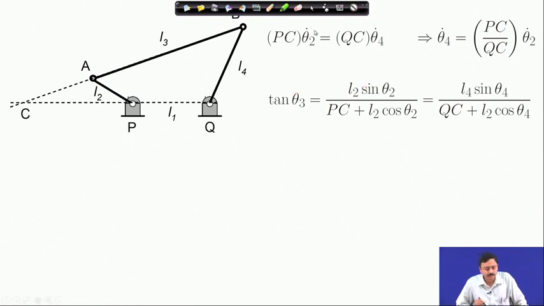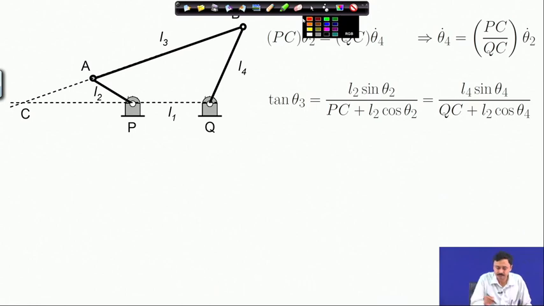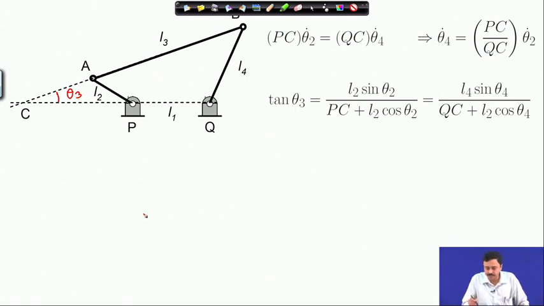You can very easily write the tangent of theta 3. This angle is theta 3. Tangent of theta 3 is L2 sin theta 2, where this is theta 2. I am writing S theta 2 in place of sin theta 2.